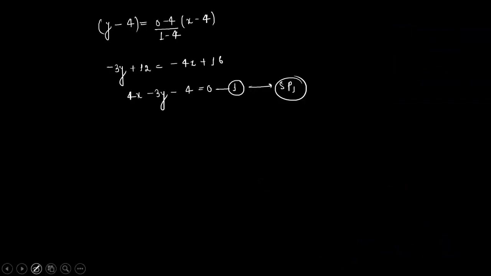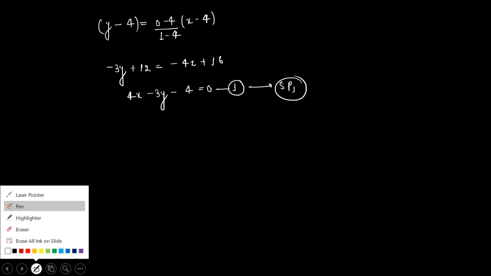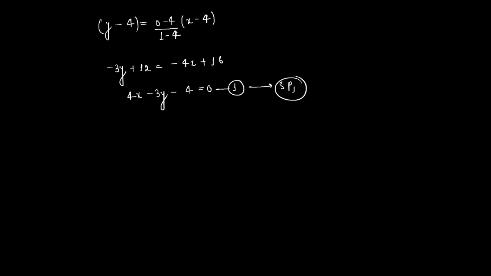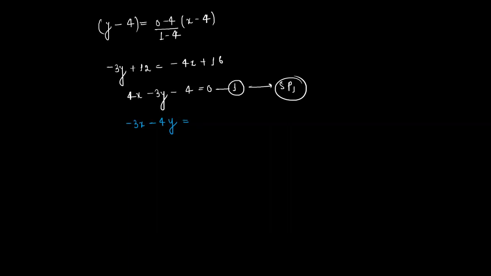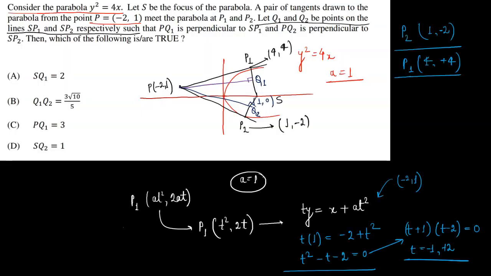If I write here the perpendicular equation to this line, it will be minus 3x minus 4y is equal to lambda, and it is passing through minus 2 comma 1, so here x is minus 2 and y is 1.